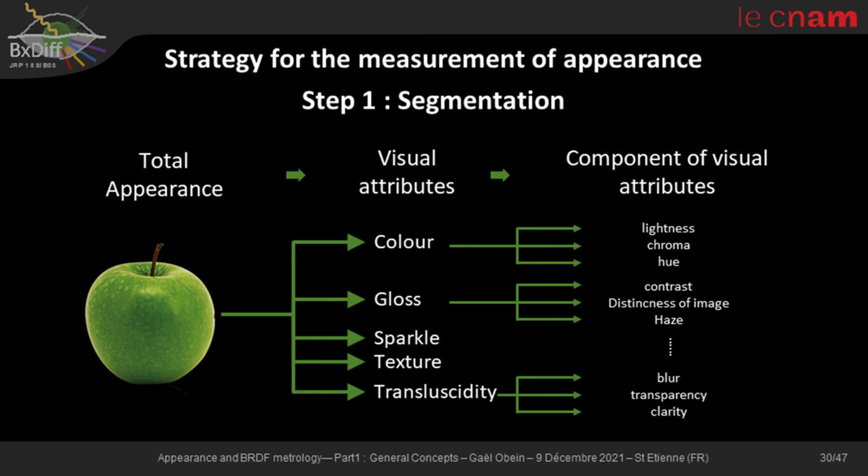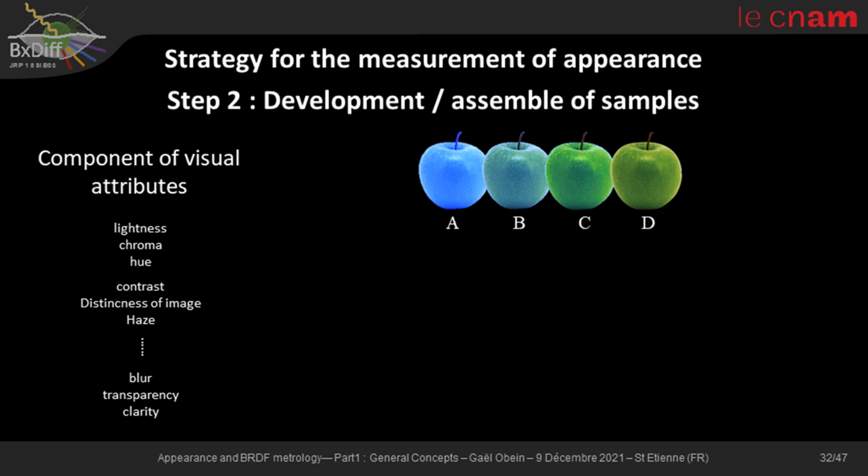Once it's done, you have to develop the measurement itself. For instance, if I talk about the chroma here, I can try to measure what is the chroma of a surface, and for this you will need to have artifact objects that will describe that scale.